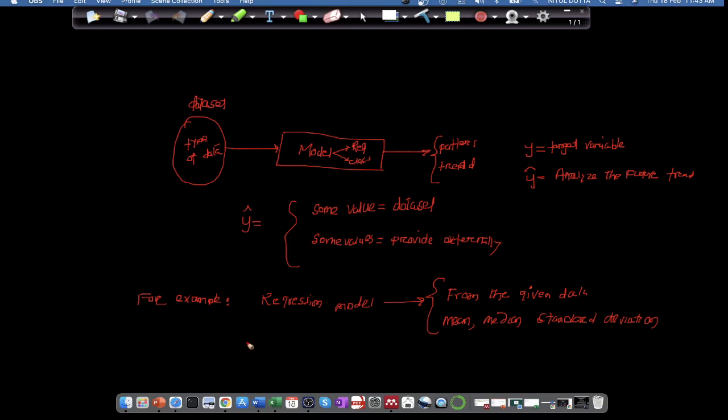And similarly, if you consider another example, say we are applying KNN, the K nearest neighbor model. This is a classification model.